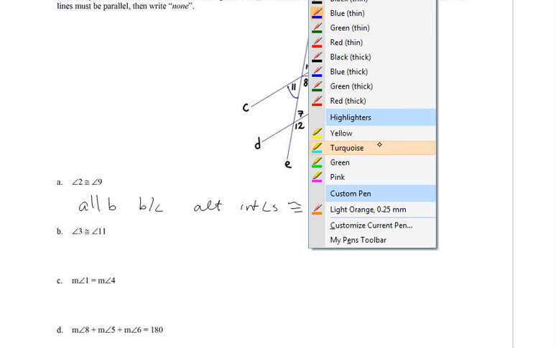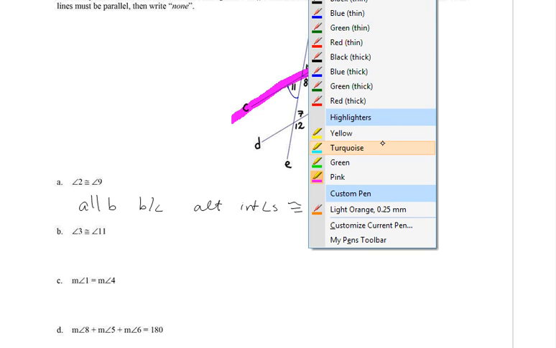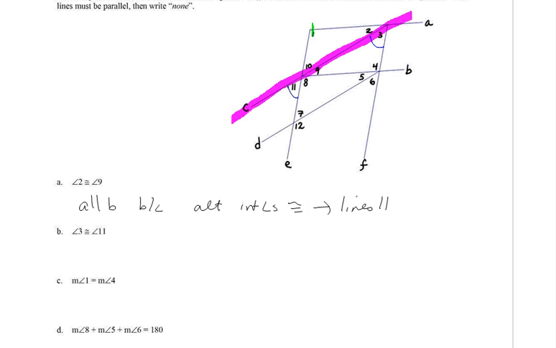Both of those angles are touching C. I'm going to highlight that for you. Now, what two lines is C crossing that are involved in angle 3 and angle 11? Well, that would be here and here. 3 and 11 are formed by both the purple line and a green line.